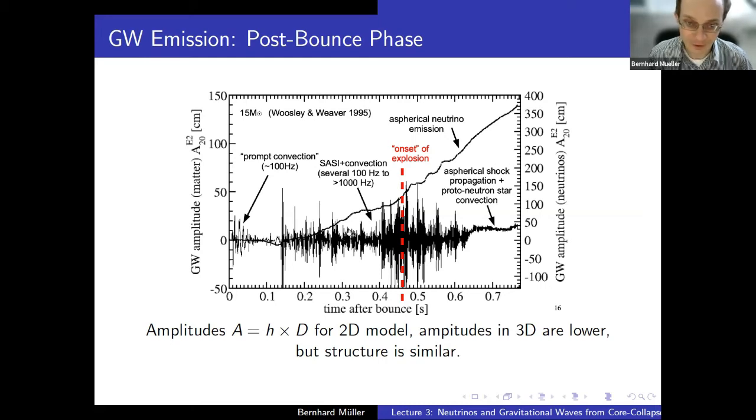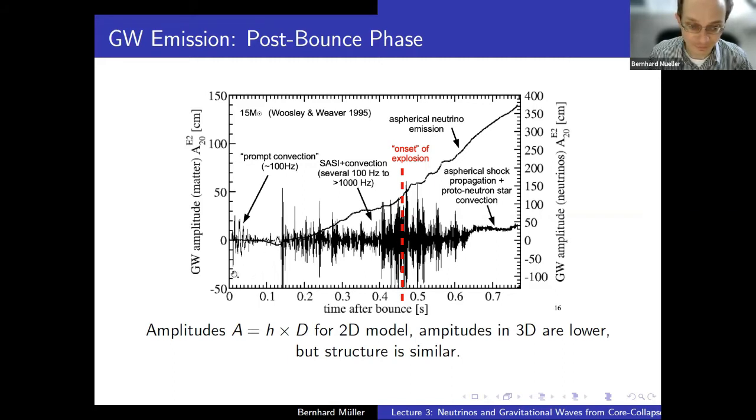I'm going to show you right away what it looks like in terms of amplitudes. It looks a bit chaotic. You can still robustly identify certain features. This is for an old 2D model, which just happens to show these components very clearly. In 3 dimensions, the amplitudes tend to be lower, but the overall signal structure is rather similar.